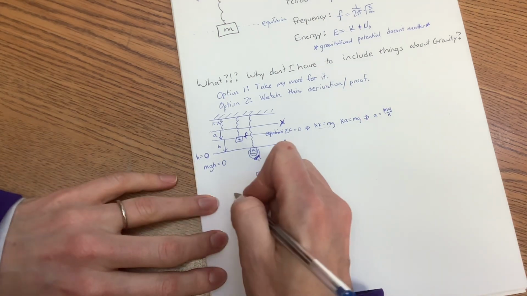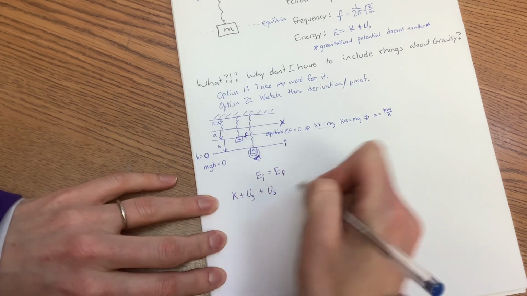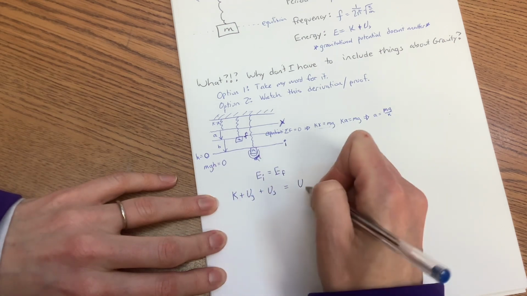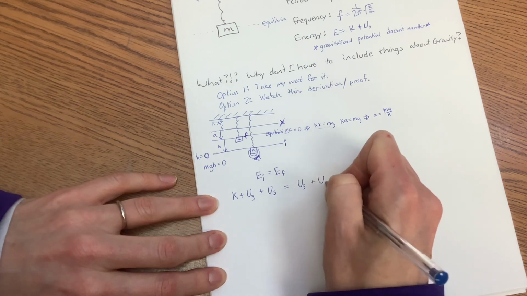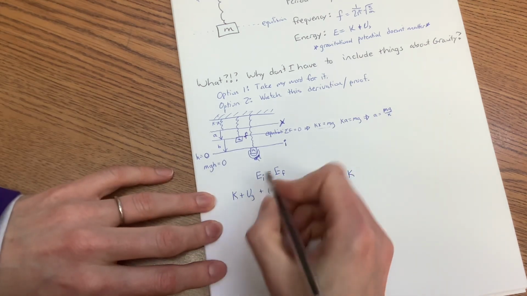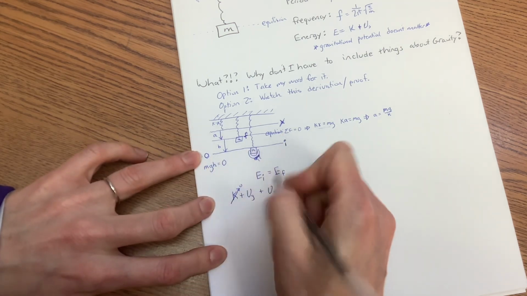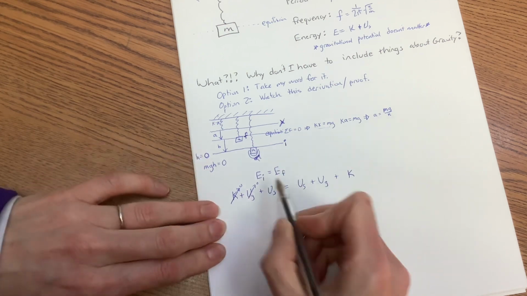So the kinetic energy plus the gravitational potential energy plus the spring potential energy, and the same set of things for the other side, but I didn't write them in the same order, and it's fine, okay? So there's no kinetic energy, right? It's at this 0 mark, so there's no gravitational potential energy.